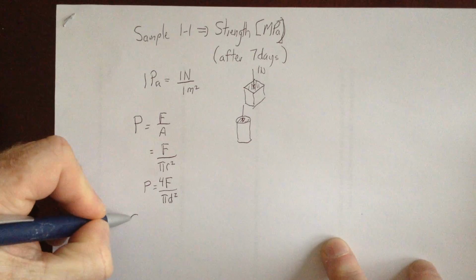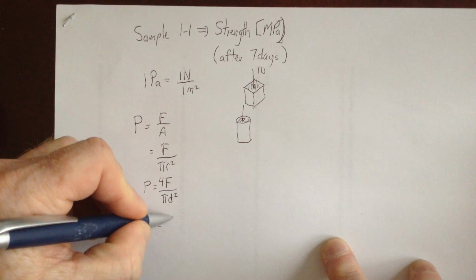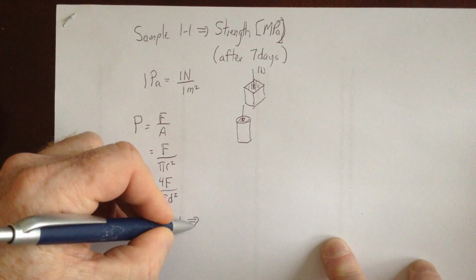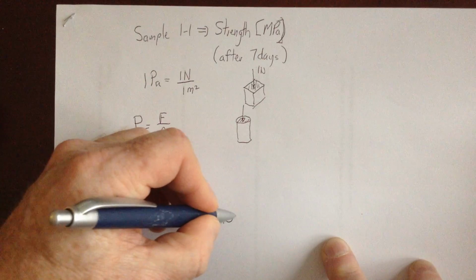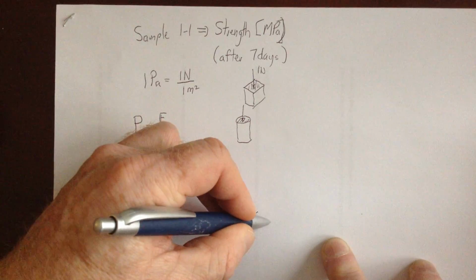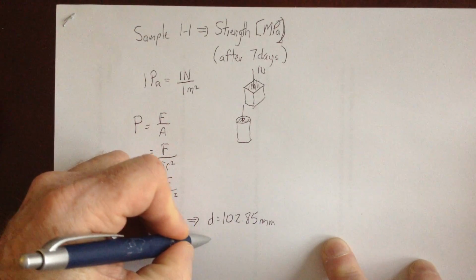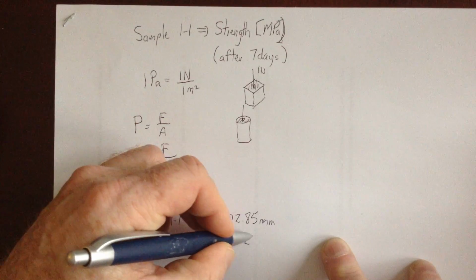And our sample 1-1 data that we gathered: the diameter was 102.85 millimeters, and our force was 146.27 kilonewtons.